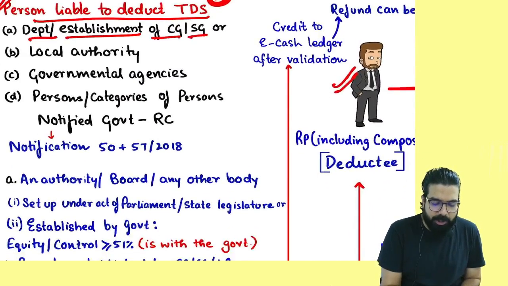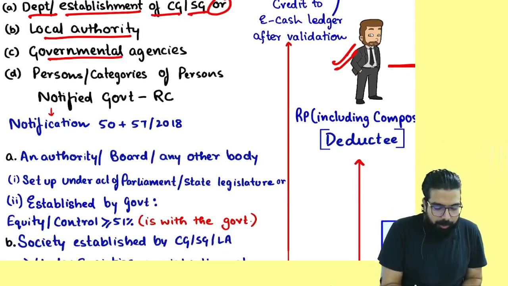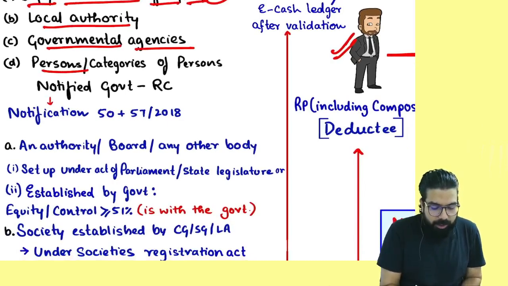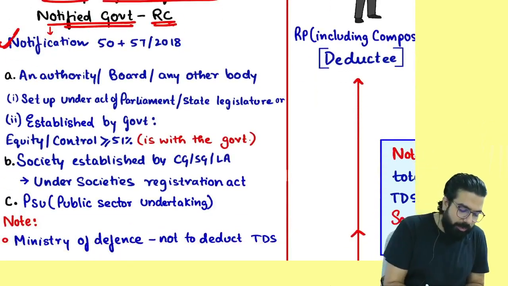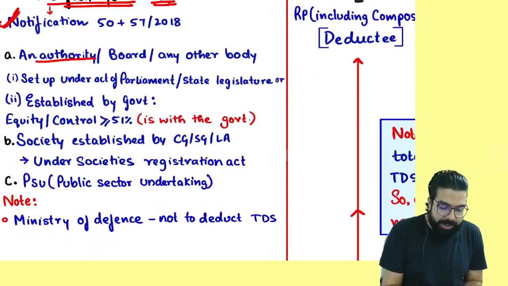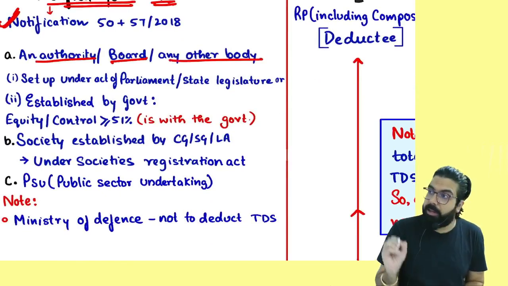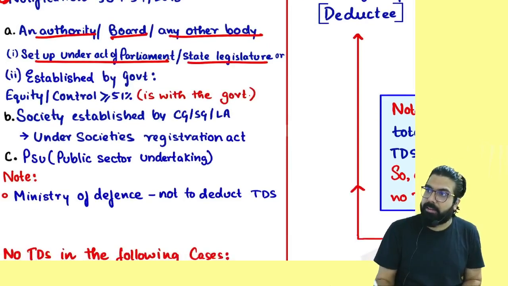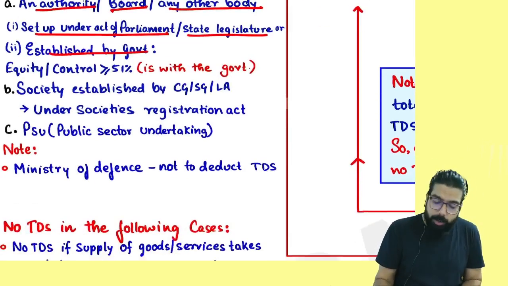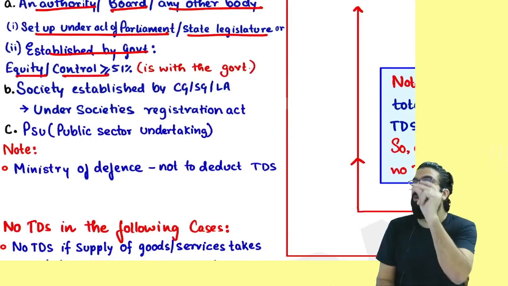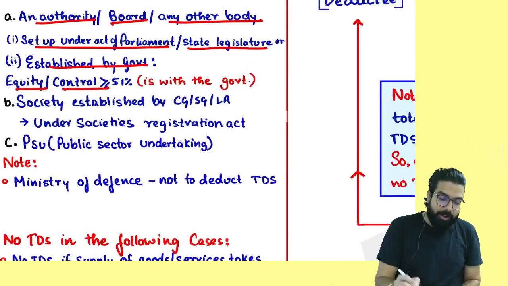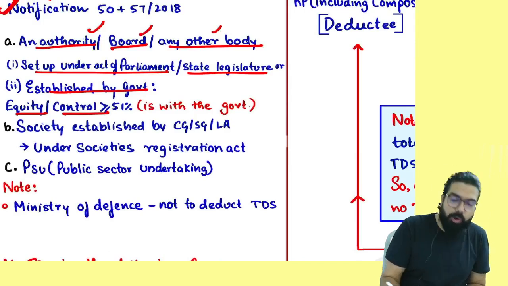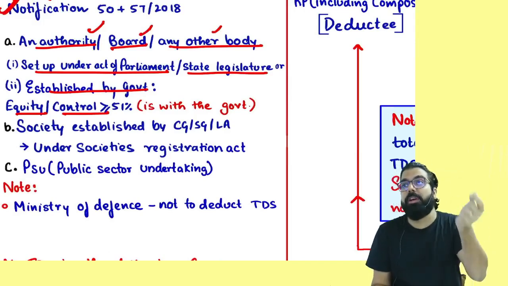Department or establishment of central government, state government, or local authority, or governmental agency, or person or category of person notified by the government on recommendation of council. And the notified category over here is, sir, any authority, any board, any other body which is being set up by the parliament or set up by the state legislature or which is established by the government and which government has equity or control more than 51%, then always remember that authority, that board or that body has to go ahead and deduct what?